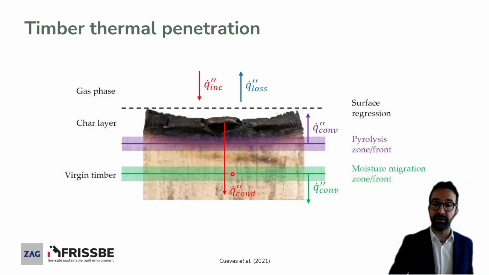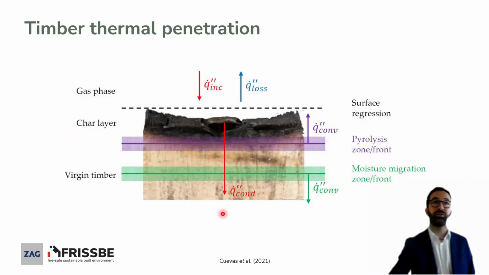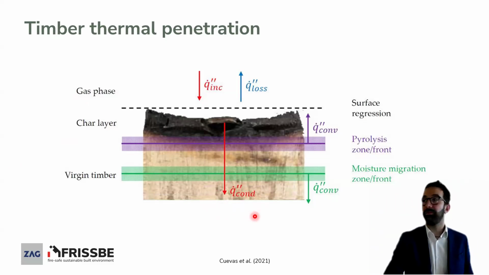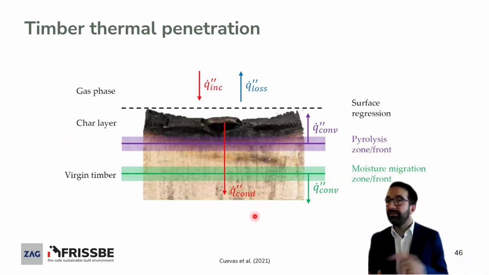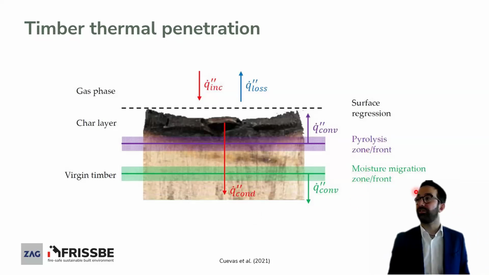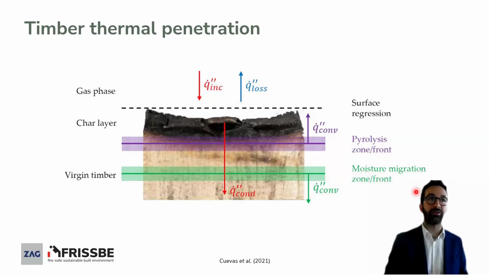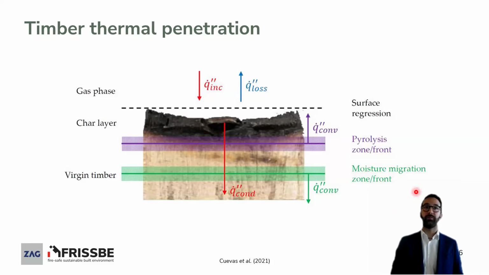What we have been looking at is this conductive term, so how the temperature penetrates in wood, but this is a quite complex problem. We didn't discuss density, we didn't discuss moisture content, we didn't discuss moisture migration. We tried to solve the problem as a first study, but I'm going to try, also with different collaborators, to study this in a deeper way.